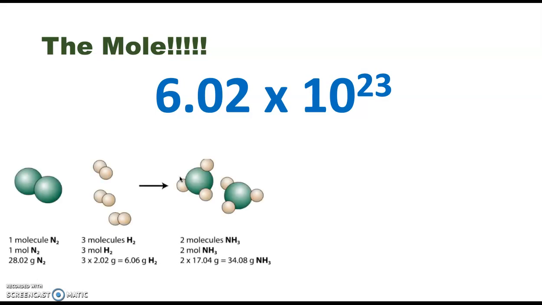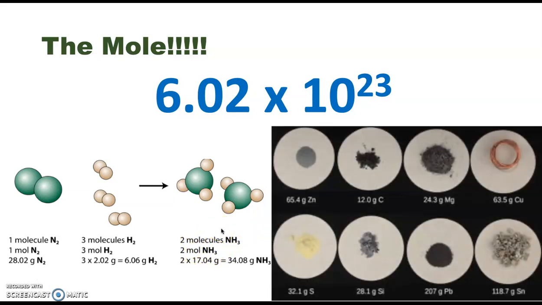Because when we start doing chemical reactions like this, we're going to start talking about 1 molecule of N2, or you'll hear me say 1 mole of N2. So like 1 mole of N2 reacts with 3 moles of hydrogen to form 2 moles of NH3, or ammonia. And if you look here, here's a mole of all of these different elements. So you can see a mole of these elements is actually a reasonable amount of that substance.